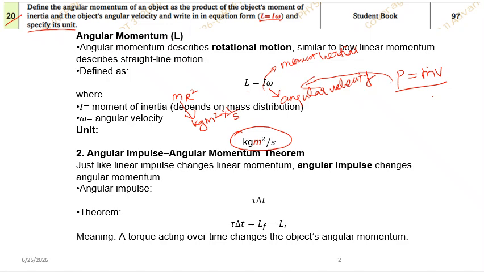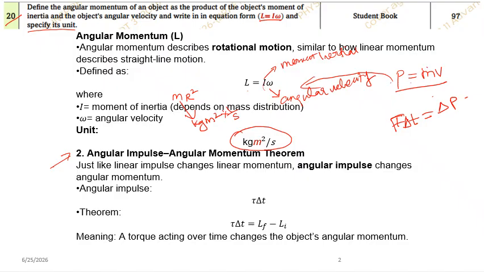As we discussed in the previous situation, we had momentum, and then we connected it with the momentum impulse theorem, right? What was the momentum impulse theorem? Force into delta t, this is the impulse, will be equal to change in momentum. There we connected the impulse and momentum, and this is the impulse momentum theorem.